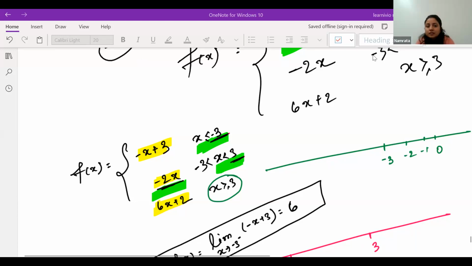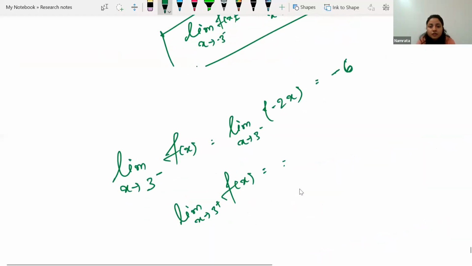Have you checked the right hand limit and left hand limit at 3? Is it continuous at 3 or not? We will be taking 6x plus 2 over here. 6 times 3 is 18, plus 2 is 20.